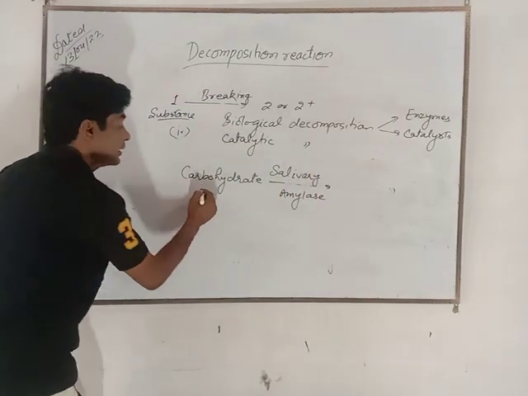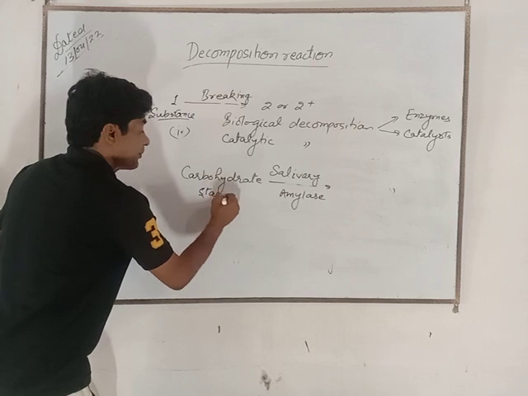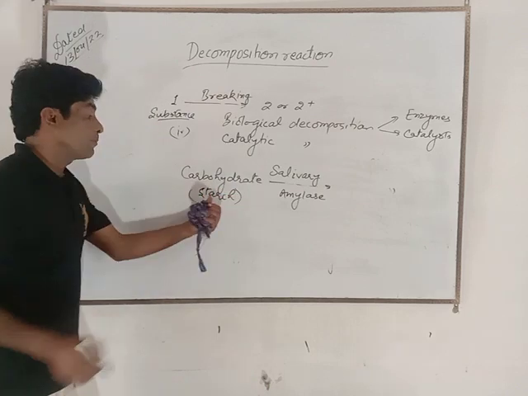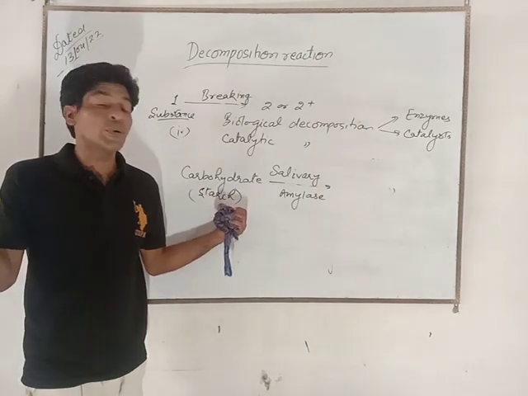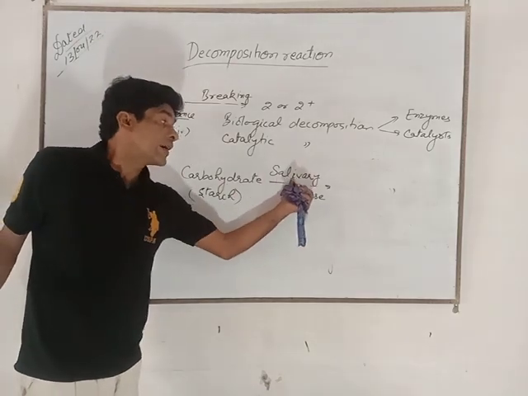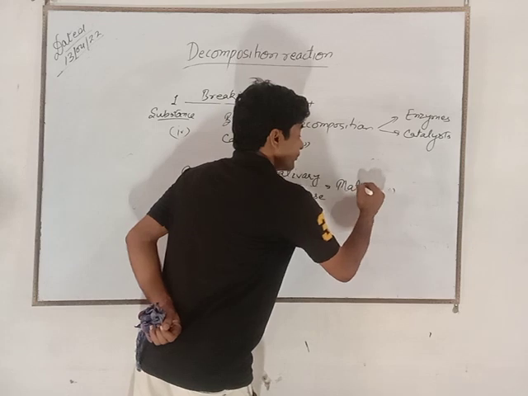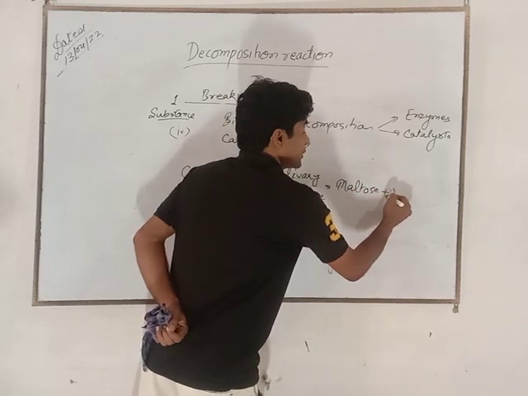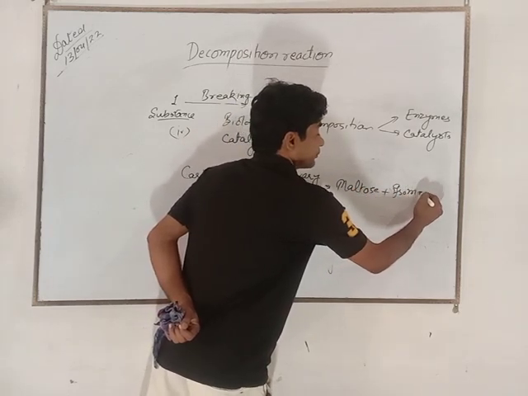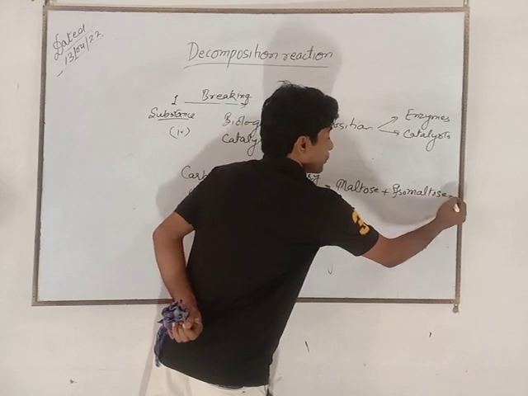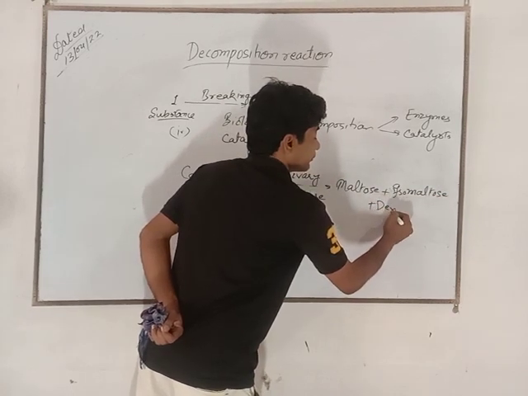This is starch type carbohydrate present in our food, and by the function of salivary amylase it is broken into maltose, isomaltose and dextrin.